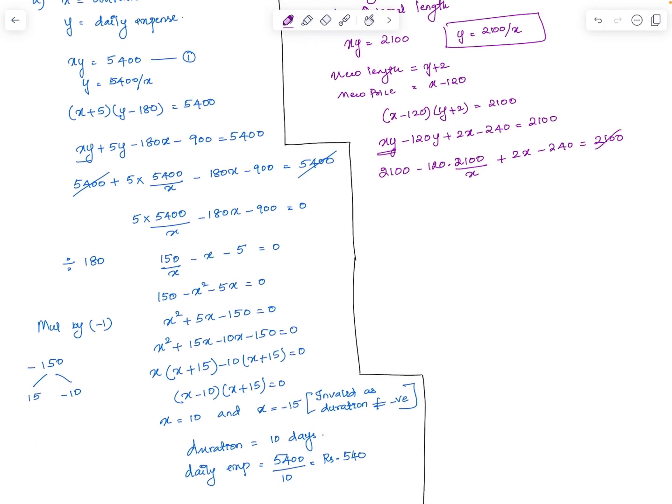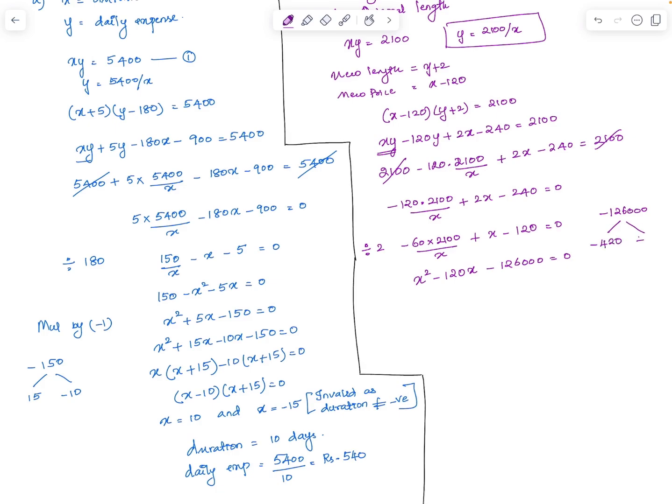2100 on the left and right gets cancelled. Taking the LCM, we get x square minus 120x minus 126 followed by 3 zeros equal to 0. For minus 1,26,000, we take the two factors as minus 420 and plus 300.